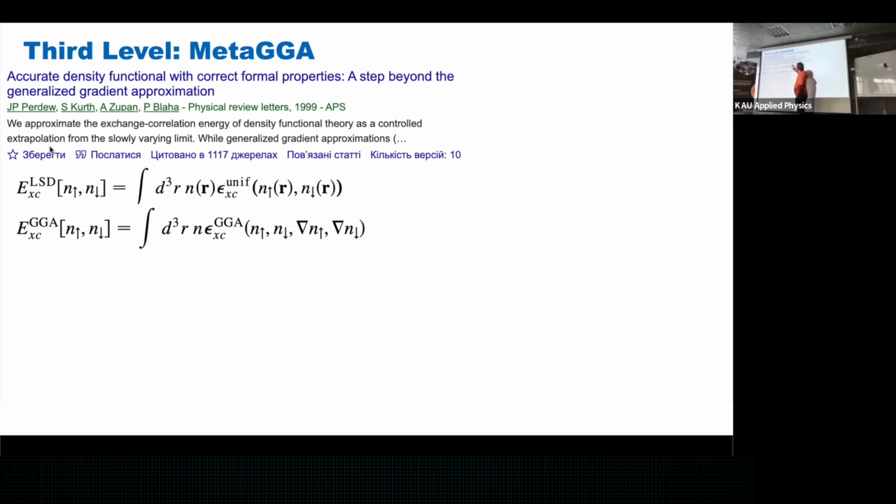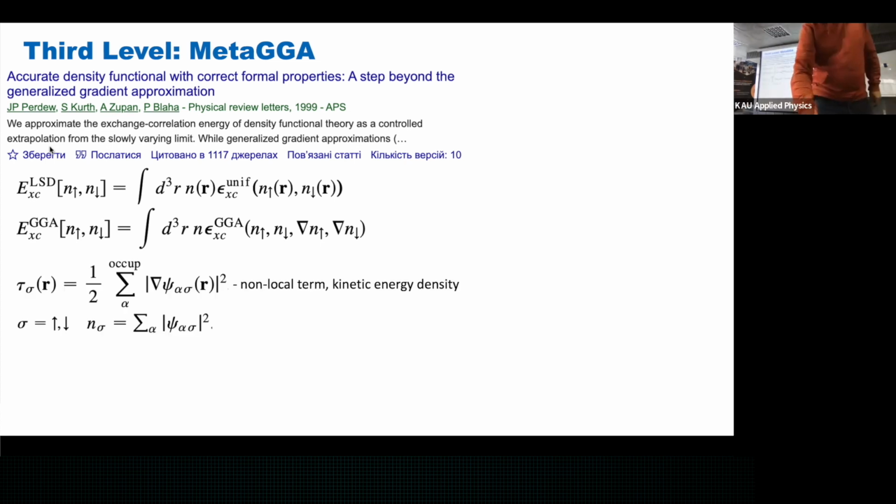What has he done? If we have LDA, which depends on the uniform electron gas, spin up, spin down, GGA is all the same, but with gradient, and Perdew proposed to add some kinetic energy density term. So it looks like this in very general form.